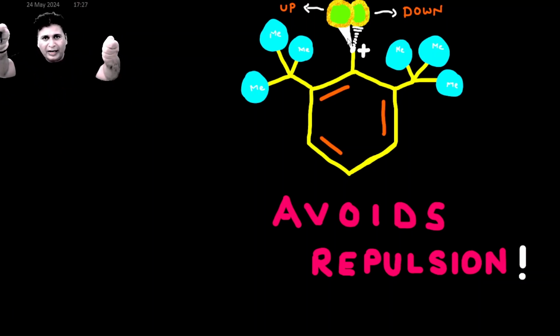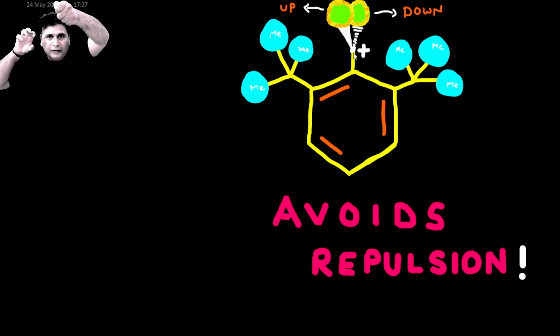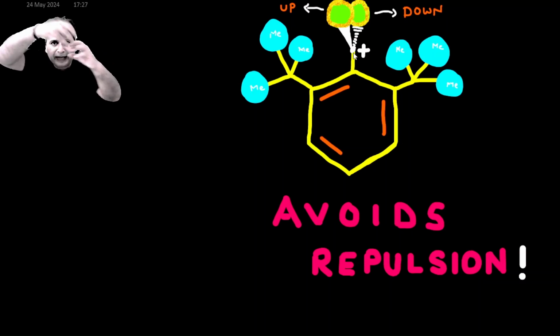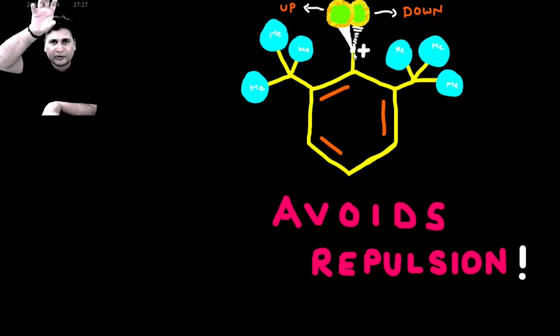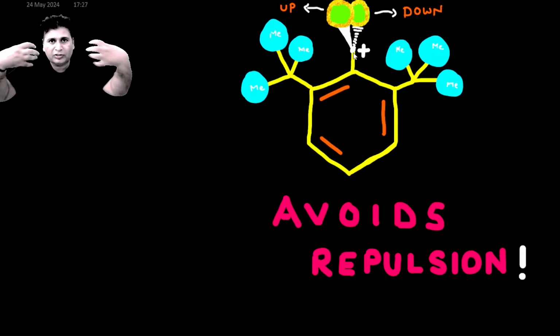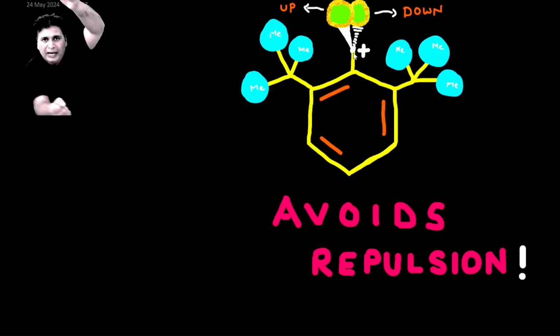As it became like this, the 2 tertiary butyl groups from here and from here are now not in immediate contact with the 2 methyl groups. Earlier, the 2 tertiary butyl groups and 2 methyl groups were like this, and there was a severe repulsion. So in order to reduce that, it turns its plane like this.